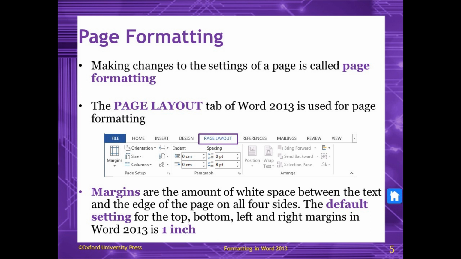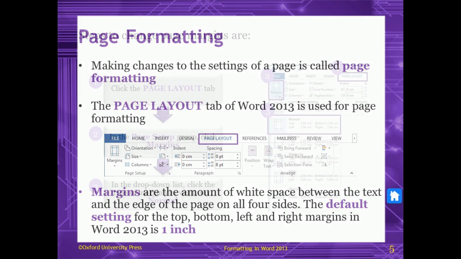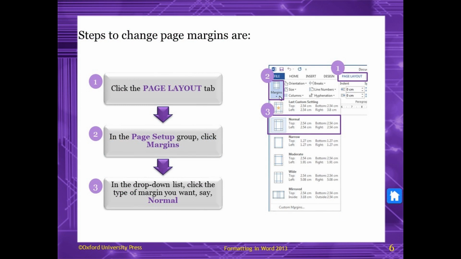In these margin settings, we can change the space of the margins on all four sides according to our requirement. We can increase the margin from 1 inch to 1.5, 1.3, whatever you want, or also decrease the margins. To change the margin settings, we have different ways. Here we will learn how to change the page margin settings by using the Page Layout tab.